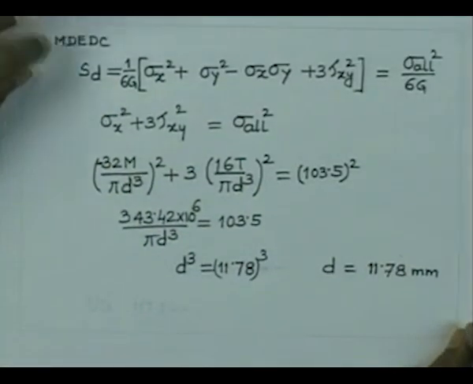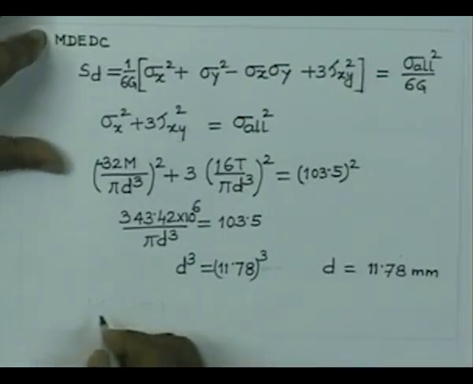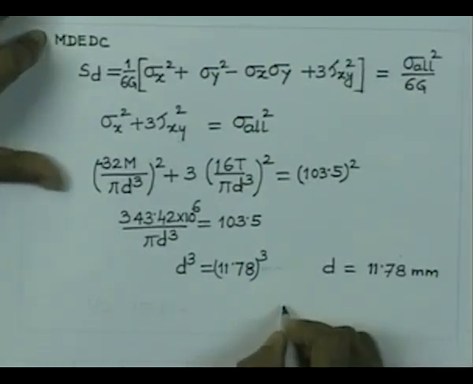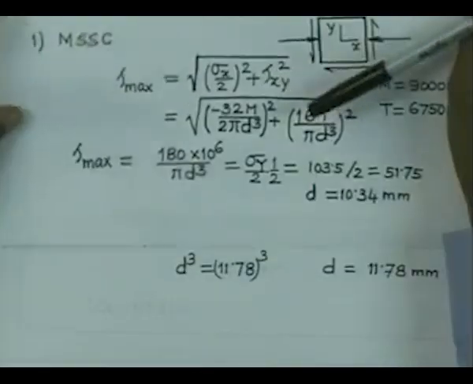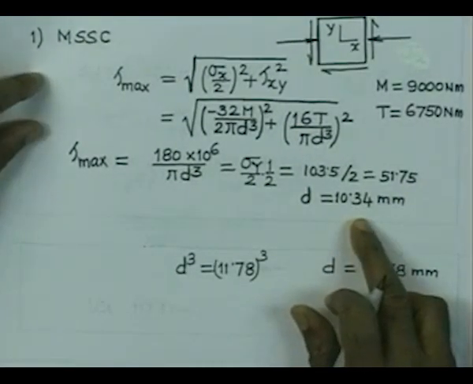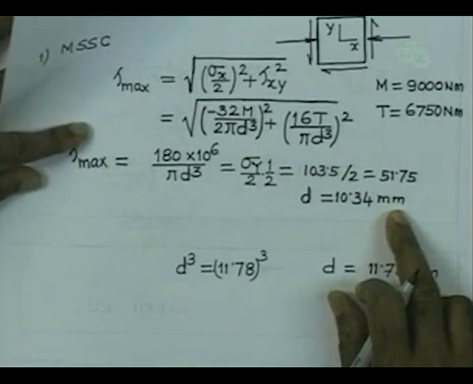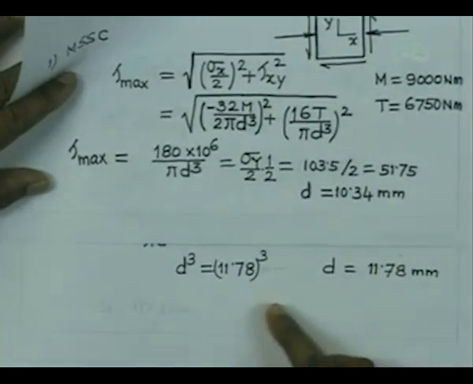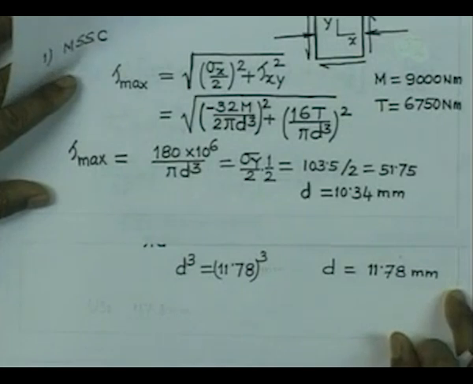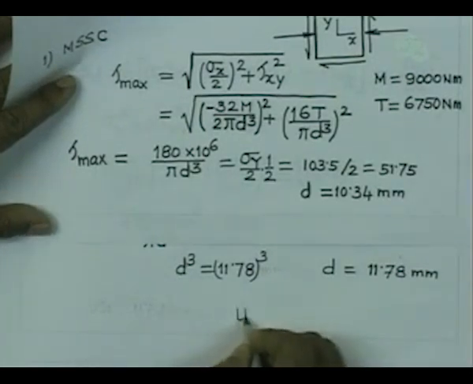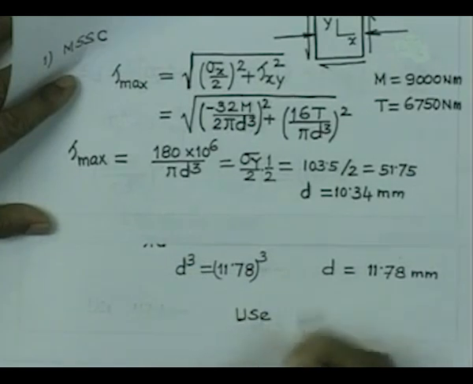So, it means that we have to use, you see that the two values that we have obtained are 10.34 millimeter and this has given 11.78 millimeter. Therefore, use the larger value.